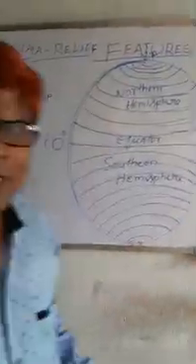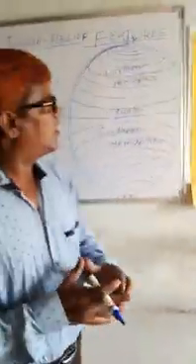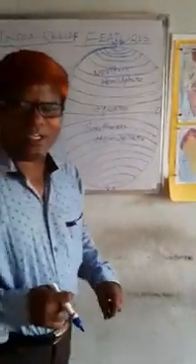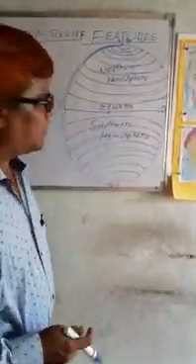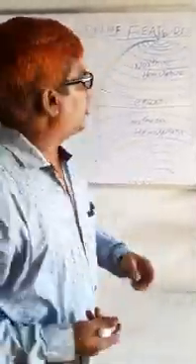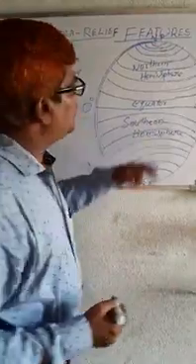The imaginary lines which we have drawn horizontally on the globe are called latitudes. The imaginary lines which we have drawn vertically on the globe are called longitudes.